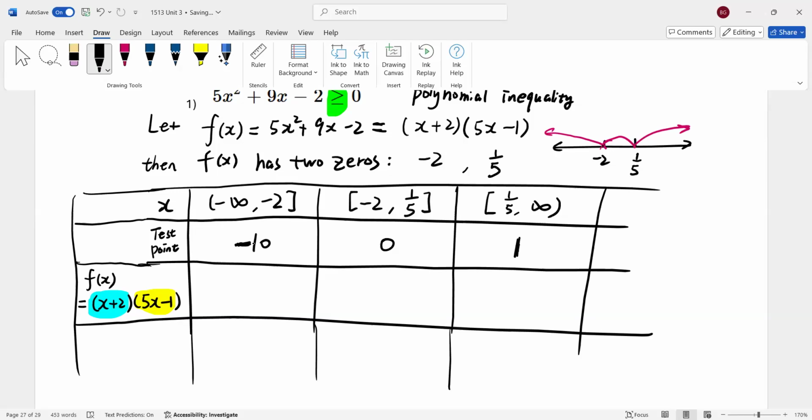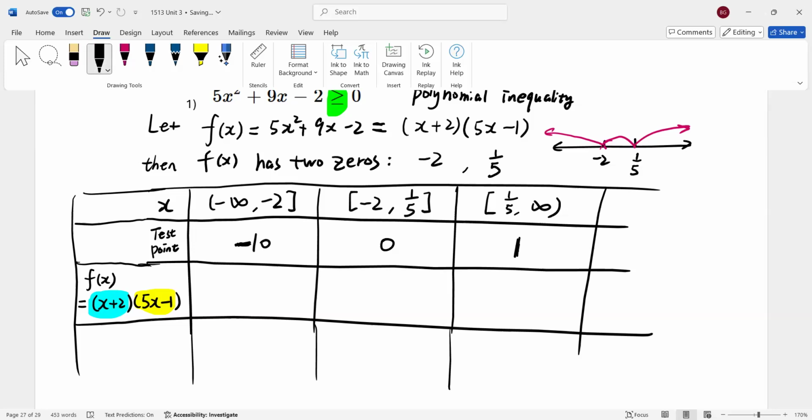So for that reason, let's consider when we plug in -10, is the blue part positive or negative? -10 plus 2 is going to be negative, right? I don't really need you to tell me it's -8. We don't really care about that. We only care whether it is positive or negative. So -10 would make the blue part negative, right? And it will make the yellow part also negative, correct? So when you plug in x equals -10, the blue is negative, the yellow is negative.